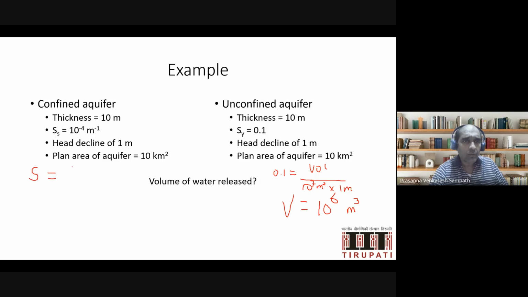S is again the volume of water released V per unit area per unit head decline, right? And what is S? S is simply SS into B, the thickness.